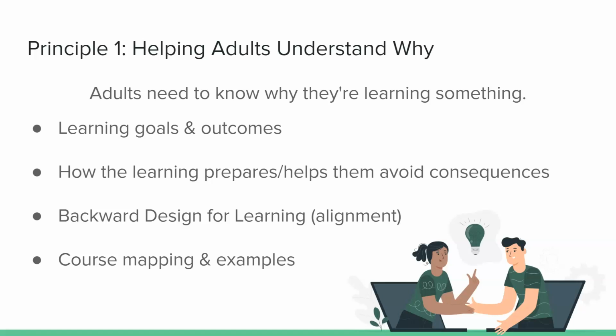It's called backward design because, and I'll explain what alignment means in just a second, the idea behind it goes back to what we were talking about with the learning outcomes. When we write really clear outcomes, we are able to focus on the thing that our learners are going to need to be able to do.